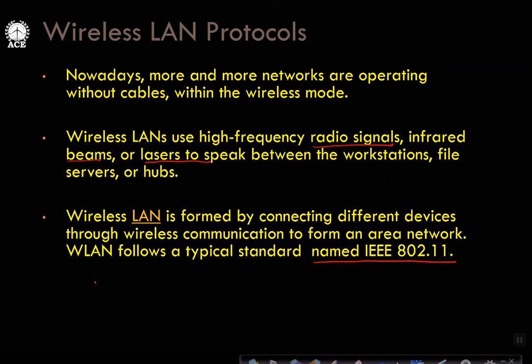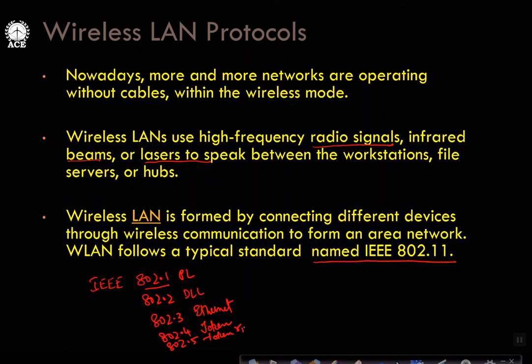If you remember, on an earlier occasion I explained to you that for wired networks, IEEE 802.1 is the standard for physical layer. 802.2 is for the data link layer. 802.3 is for CSMA/CD Ethernet. 802.4 is basically for token bus, and like that 802.5 is for token ring.